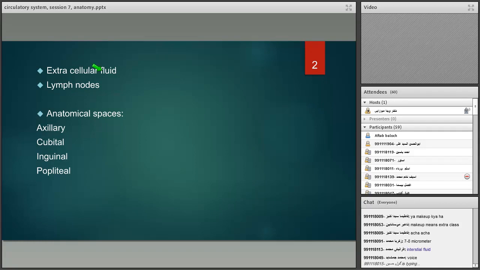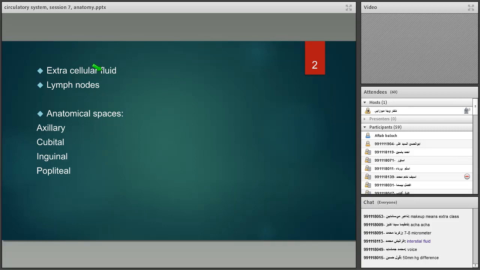But the power of the veins is not enough. So there would be need for some other vessels to help the veins and carry the extra materials in the extracellular fluid.